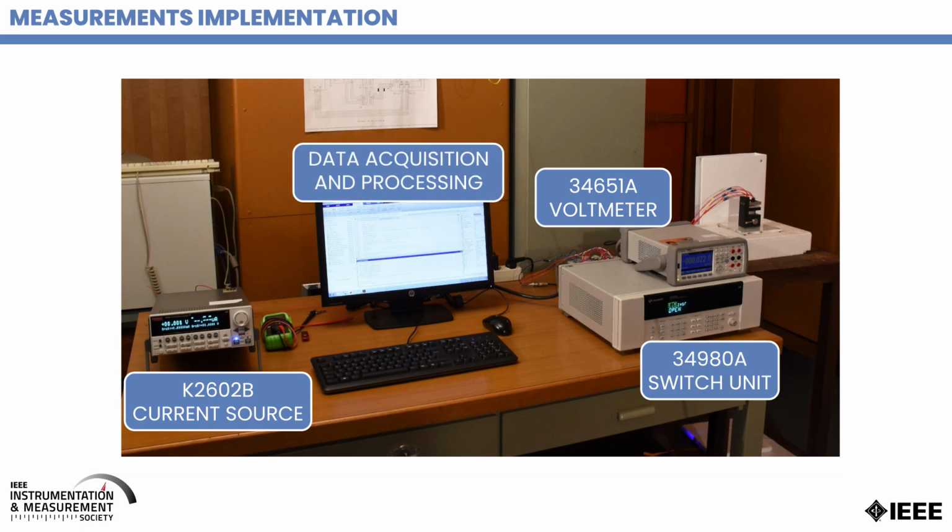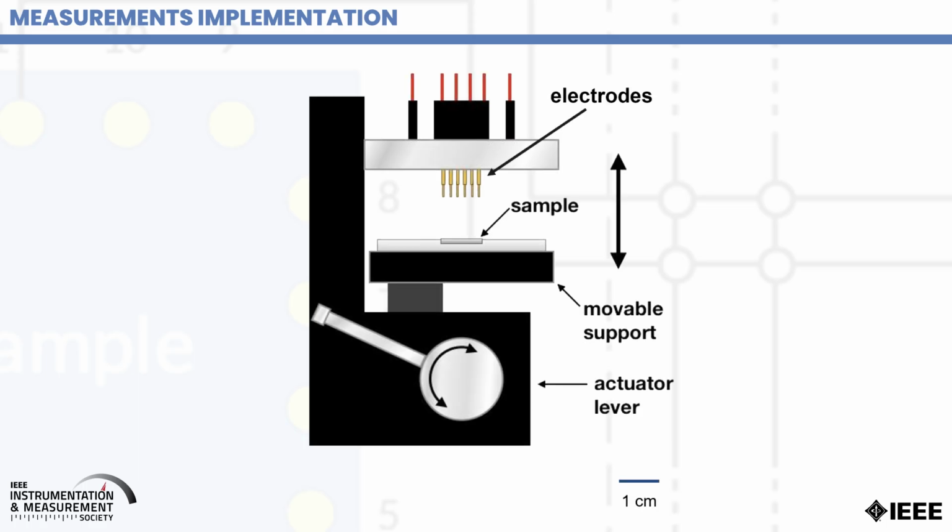Then there is data acquisition based on a PC, and the sample holder, the fixture that provides the contacting. As you can see, the sample fixture allows you to contact 1 by 1 centimeter samples on rigid substrates with 16 contacts, which are spring-mounted tips with a small diameter, so that they can be considered point contacts.